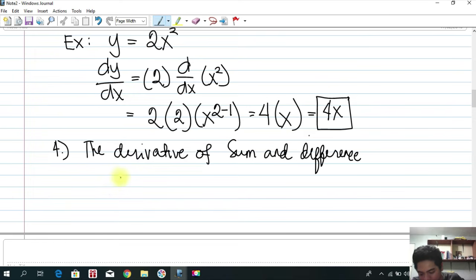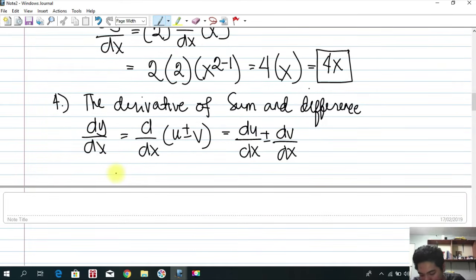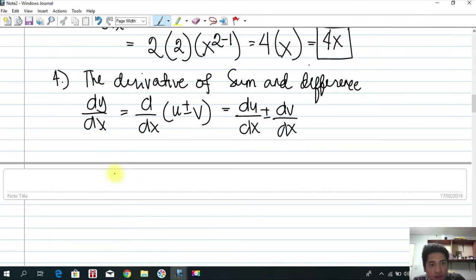So in this case, we shall be applying the formula dy over dx is equal to d over dx of u plus or minus v, and that is equal to du over dx plus or minus dv over dx, wherein u and v are two terms.